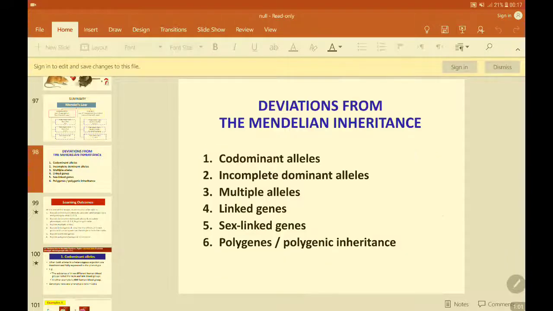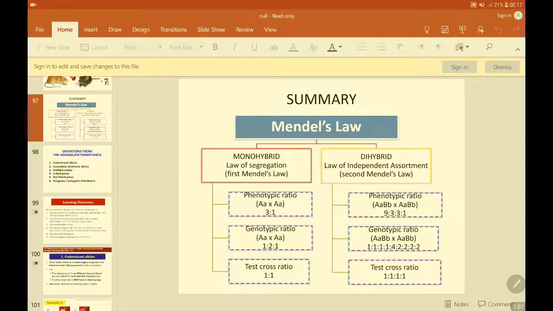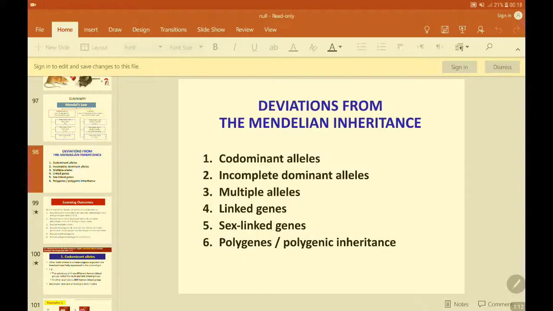So all these deviations from Mendel's law mean that we will not get these ratios. This is called deviation from Mendel's law.